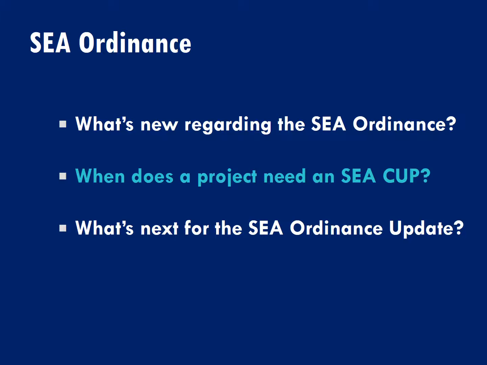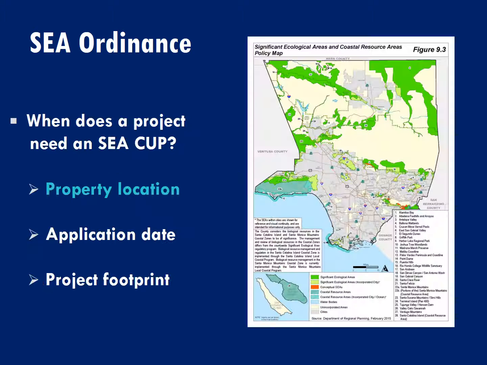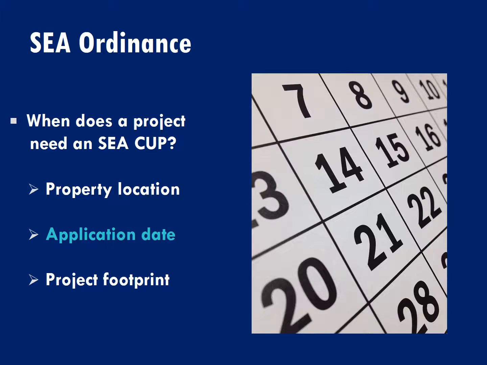When does a project need an SEA CUP? First, it depends on the property location. SEAs were recently expanded in the Santa Clarita Valley, Antelope Valley, and then the rest of the county. Check the location to see which planning area this property is located in. Next, it depends on when they filed a complete application.